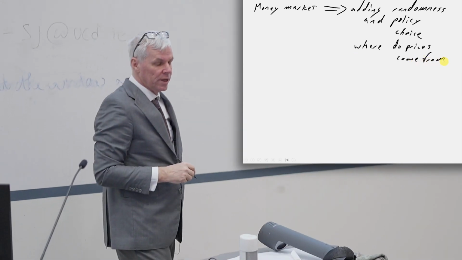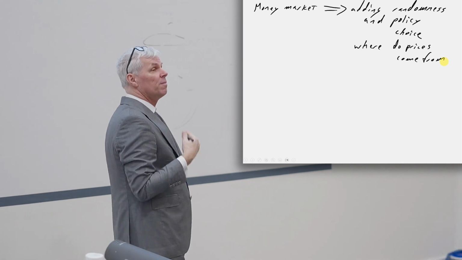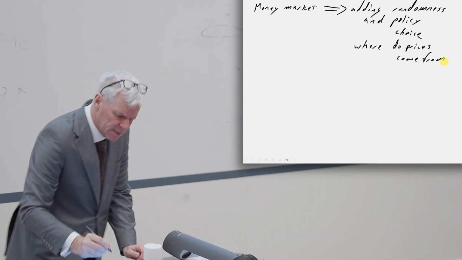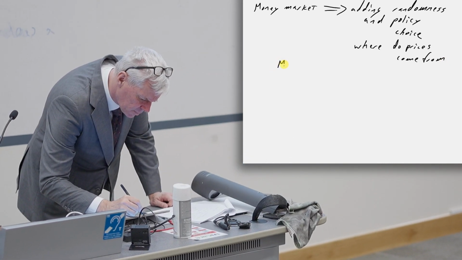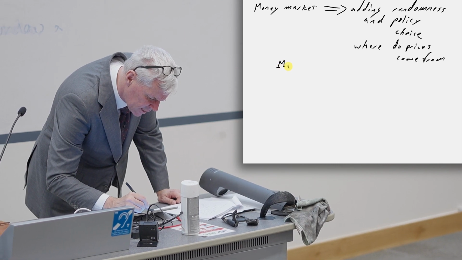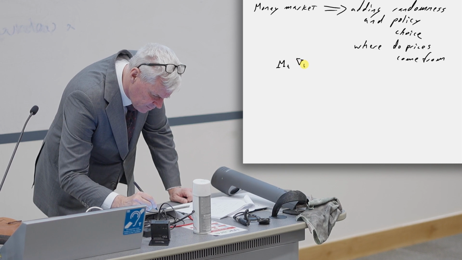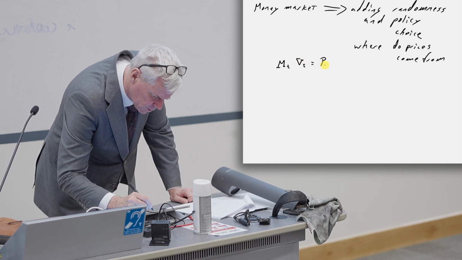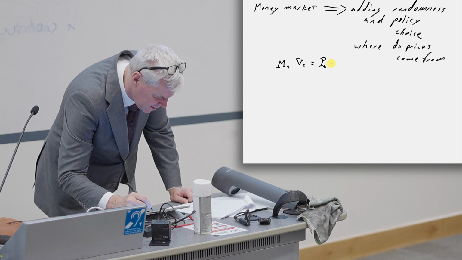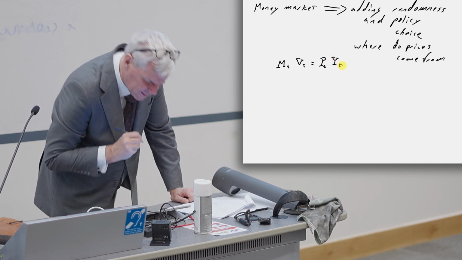And the way we're going to do this is we're going to use the quantity theory of money. So this is capital M_t times V_t is equal to capital P_t times Y_t.